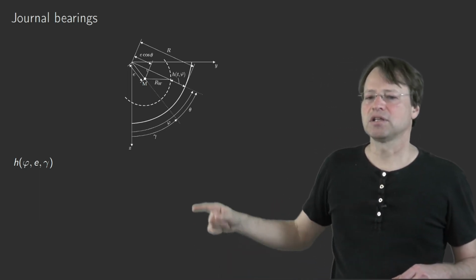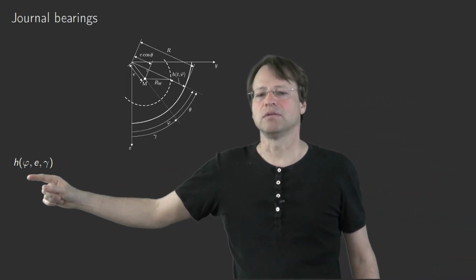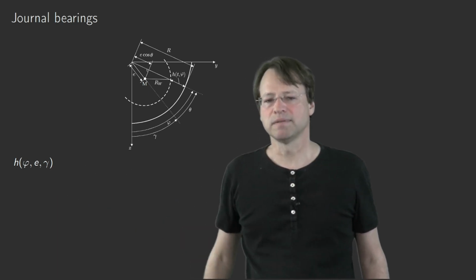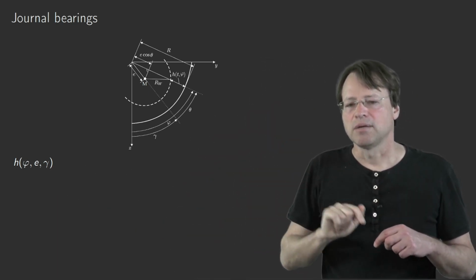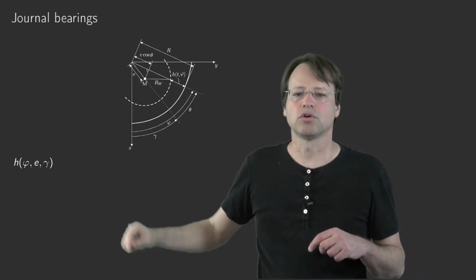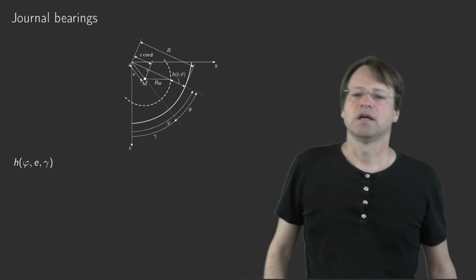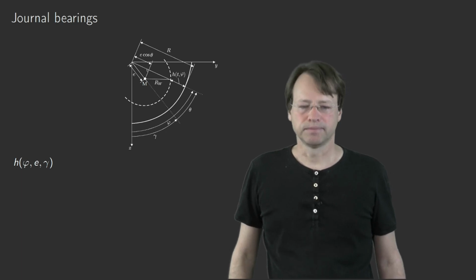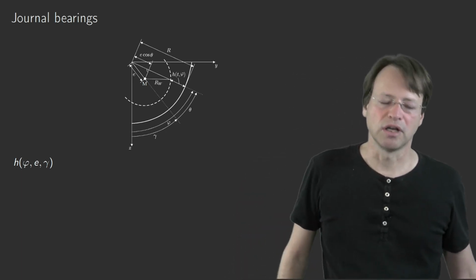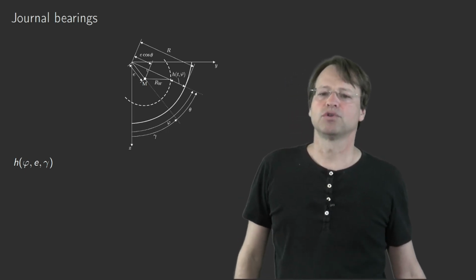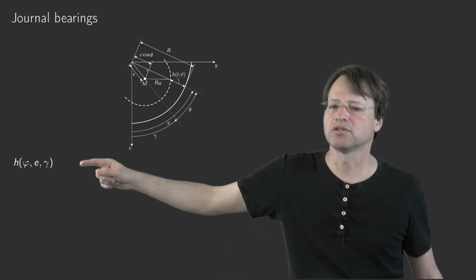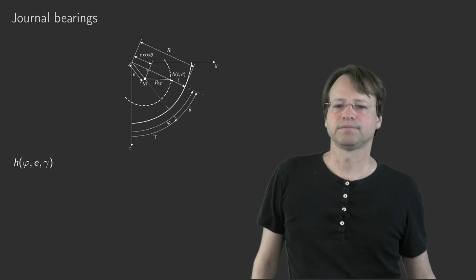I can represent that dependence either by a dependence on phi, e, and gamma, keeping in mind that e and gamma are time-dependent. I could also write it as a function of phi and time t. As a field quantity, I would represent it by phi and t. As a physical quantity, I would represent it by the dependence on e and on gamma also.